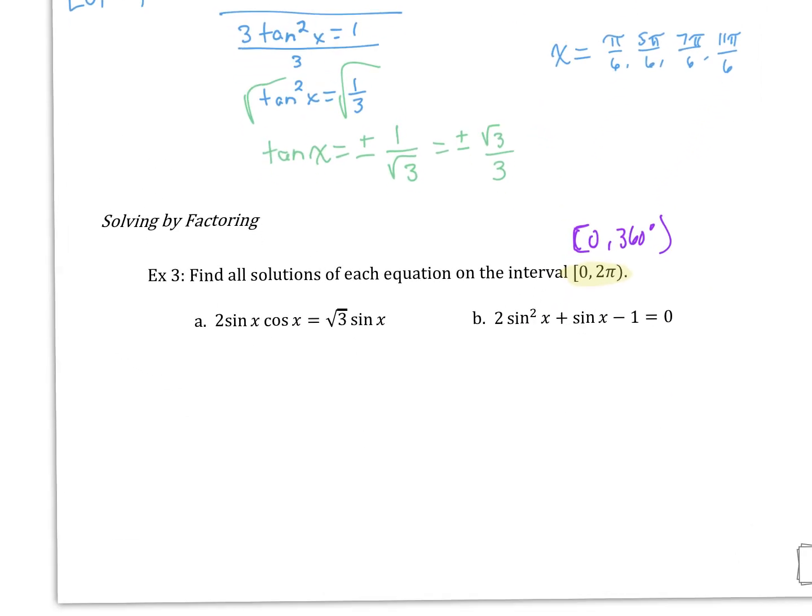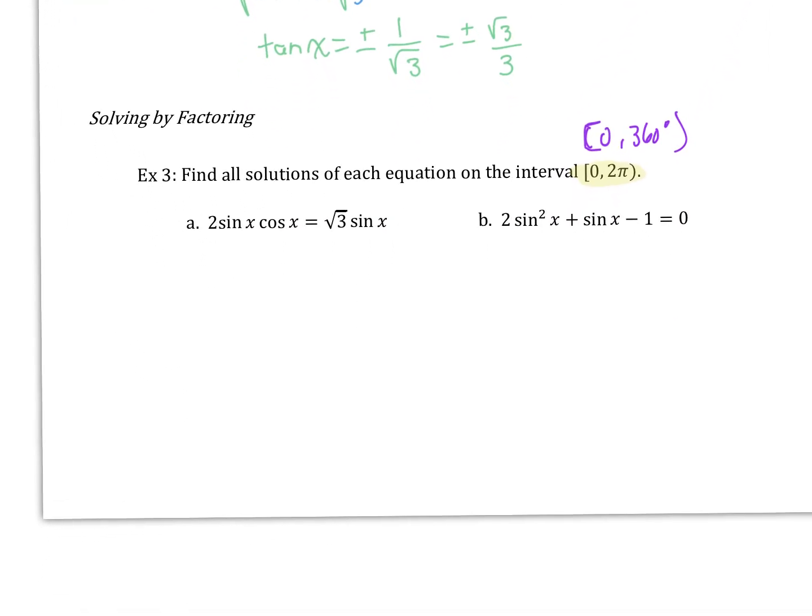Okay, let's look at a couple with factoring. Everyone's favorite thing. Sometimes you're just factoring out a GCF, and other times you are truly factoring. So on this one, I'm going to move the square root of 3 sine x to the left-hand side.